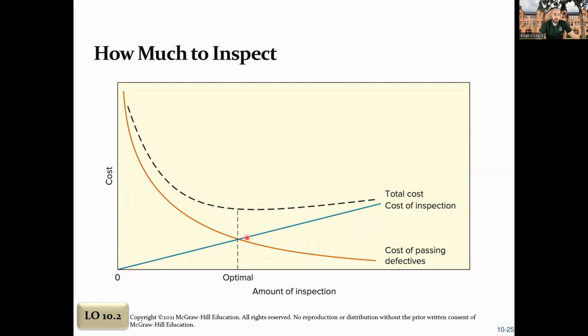And at some point, there is an optimal amount of inspection to do with the cost and what you're getting for your time investment, your quality level you're seeking, and it's where these points cross over. That's where total cost is the lowest, because the cost of inspection and cost of defects cross over, so neither one of them is higher than the other.